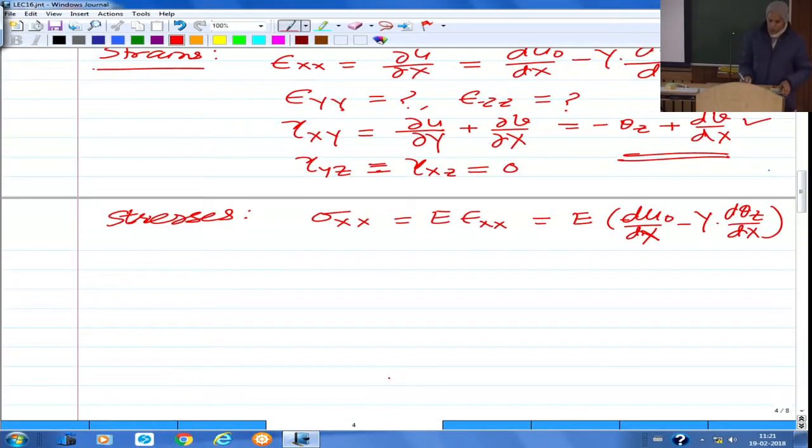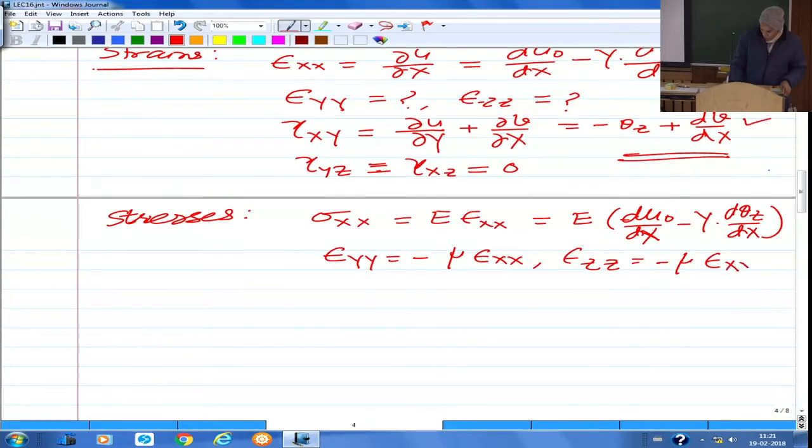Now since sigma yy is 0 and sigma zz is 0, you can say that epsilon yy would be minus nu times epsilon xx. Similarly, epsilon zz would be equal to minus nu times epsilon xx.